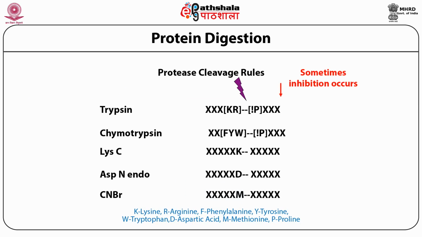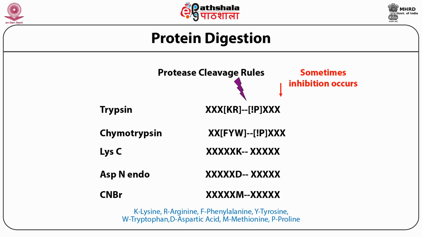This slide shows that proteins can be digested with the help of proteases, which are specific for cleaving protein at specific sites. For example, trypsin can digest protein if it finds lysine or arginine, and cleaves at their C terminal.